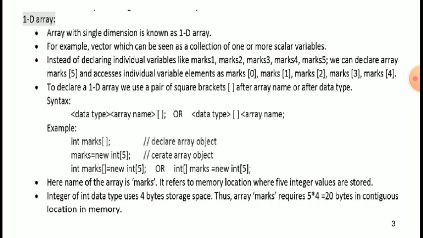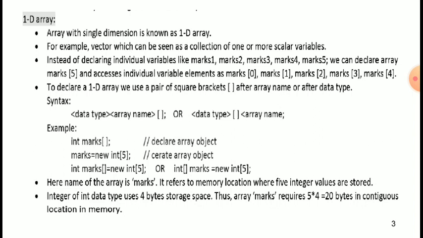Example: int marks. Marks is a variable and int is the data type, and then square brackets, that means I declare an array object. Second, marks equals new int[5], that means you have entered 5 values.